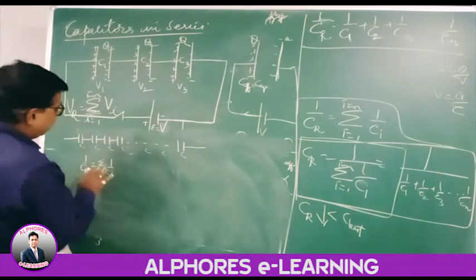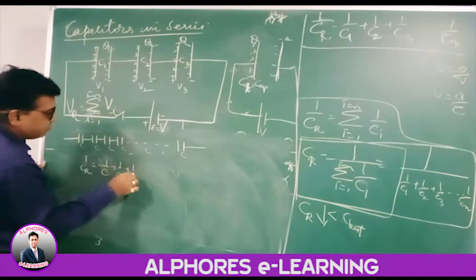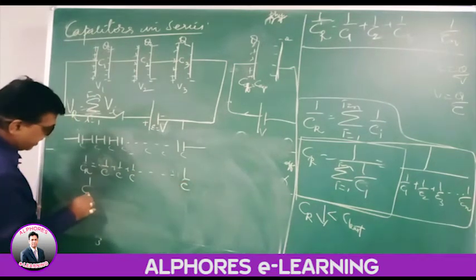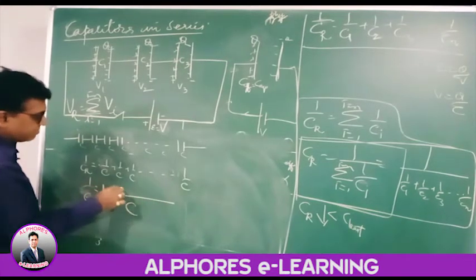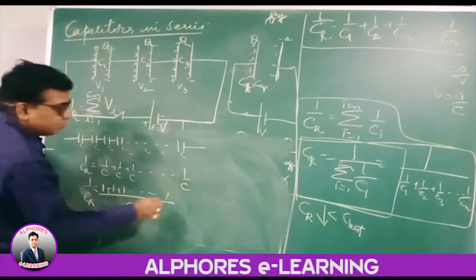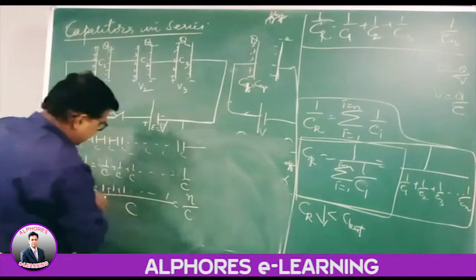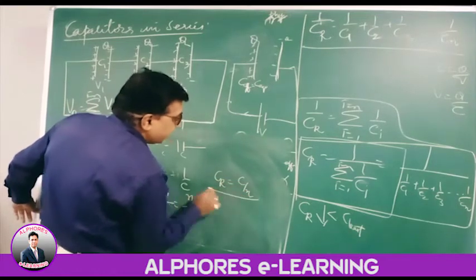So 1 by CR is equal to 1 by C plus 1 by C plus 1 by C and so on. The LCM is C, so 1 plus 1 plus 1 up to n terms. When 1 is added n times, it's n by C. So 1 by CR is n by C, then the resultant capacity is C by n.